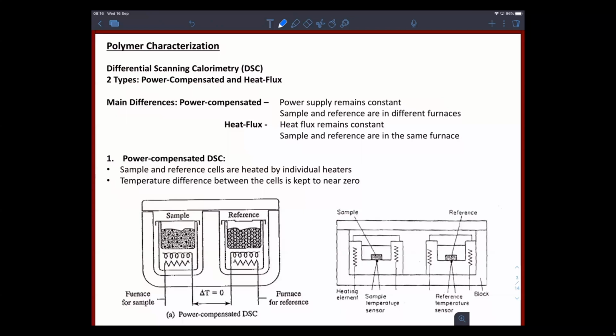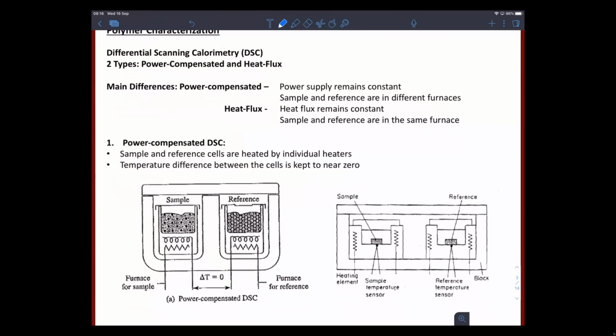But the power compensated, as I said before, the sample and reference cells are heated by individual heaters, and the temperature difference between the cells is kept to near zero. What it does is measure the difference in power needed to maintain that temperature at zero. And that's what we use to develop our thermogram.